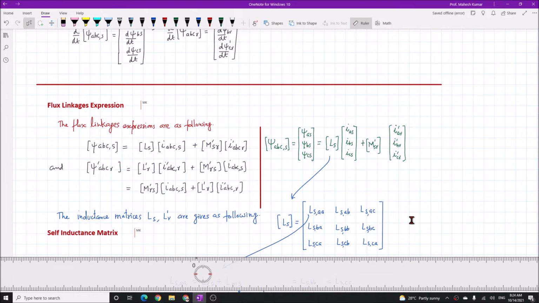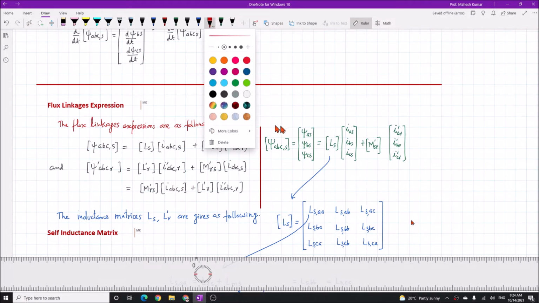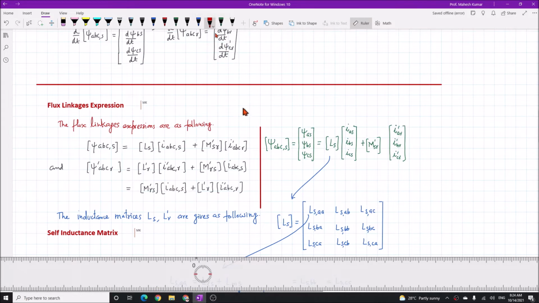So if you remember from the previous studies that psi can be expressed as inductance into current by combining Faraday's law and Lenz's law. If you combine Faraday's law and Lenz's law, we will get N d phi by dt, which is nothing but d psi by dt equals L di by dt.